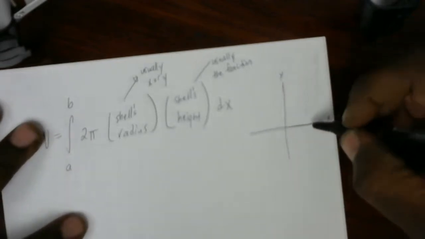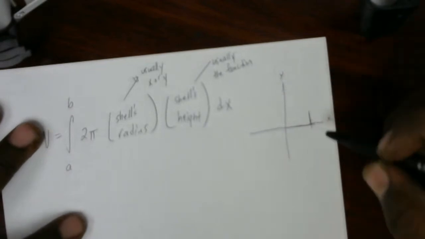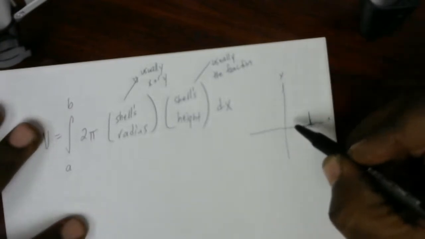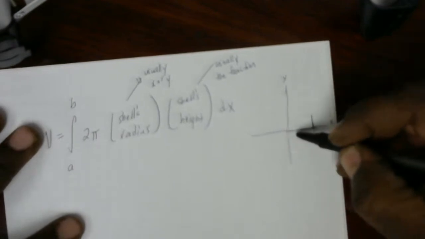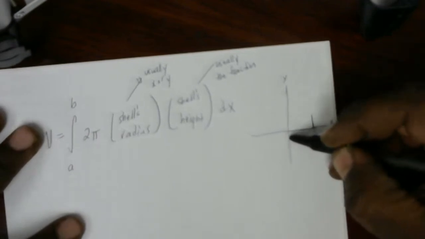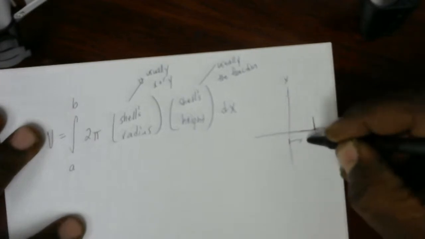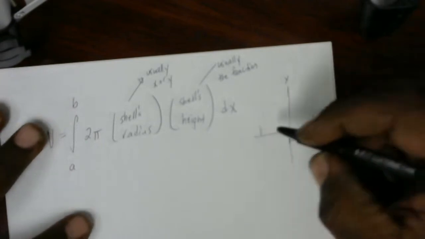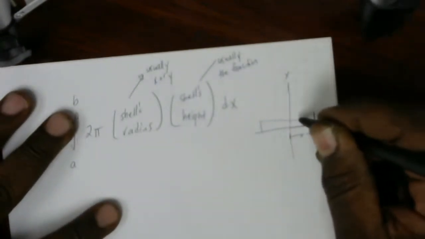I have a shell. Let's just say I'm going to arbitrarily draw a point here. If I'm looking at a shell, I'm going to have a radius. So the radius is going to depend upon the value for x. We also have a height.